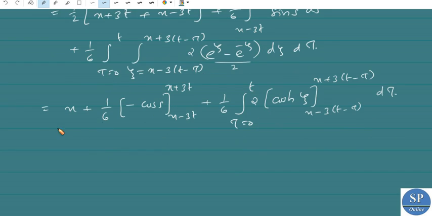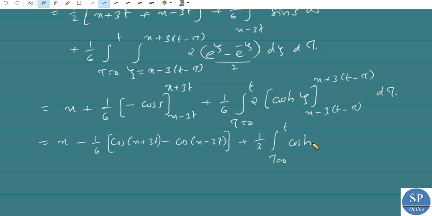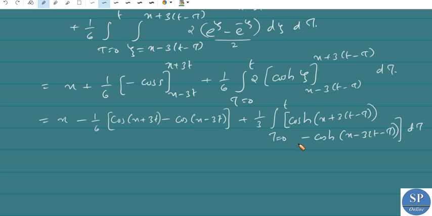So this is equal to x minus 1 by 6 into cos of x plus 3t minus cos of x minus 3t, plus 1 by 3, since 2 by 6 is 1 by 3, into integral tau from 0 to t of cos h of x plus 3 into t minus tau, minus cos h of x minus 3 into t minus tau, d tau.